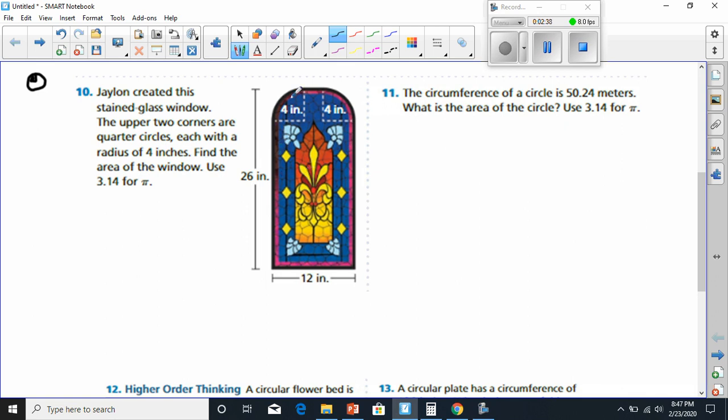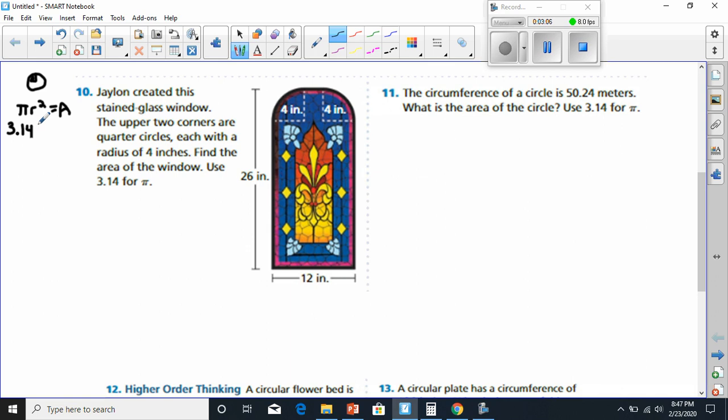All right, let's start with these circles first. If I do this, I know the radius is 4. So I can take my area of a circle is pi r squared equals the area. That's for a whole circle, remember that. So pi is 3.14.